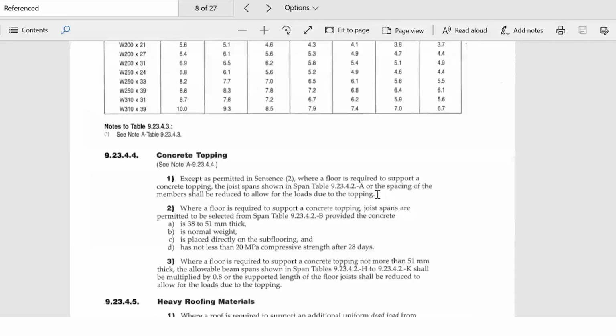Where the floor is required to support a concrete topping not more than 51 millimeter thick, the allowable beam spans in tables 9.23.4.2H to 2K shall be multiplied by 0.8, or the supported length of the floor joist shall be reduced to allow for the loads due to the topping. So you increase the load or you multiply by 0.8.